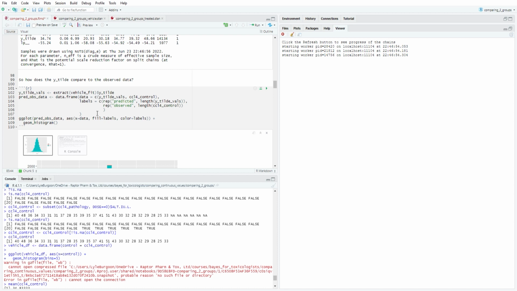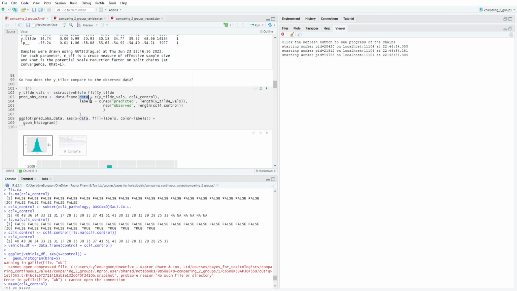But I'm not content with just eyeballing things. I actually want to look at this a little bit more visually. So I'm going to extract the y tilde values from the vehicle fit that Stan did. So I'm using extract. I'm going to create a new data frame because I want to plot this using ggplot.